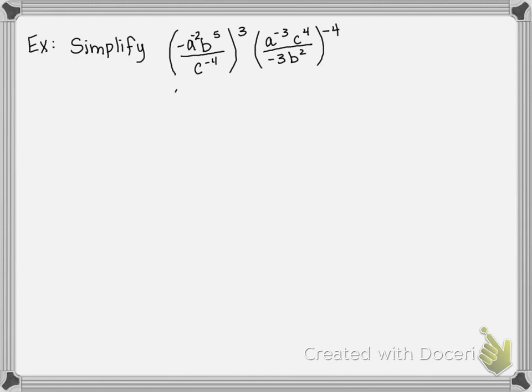The first thing we're going to do is rewrite this as -1, a to the -2, b to the 5th, over c to the -4th, to the 3rd, times a to the -3rd, c to the 4th, over. Here, that negative sign is actually attached to the number 3, so this is a coefficient of -3 and b squared.